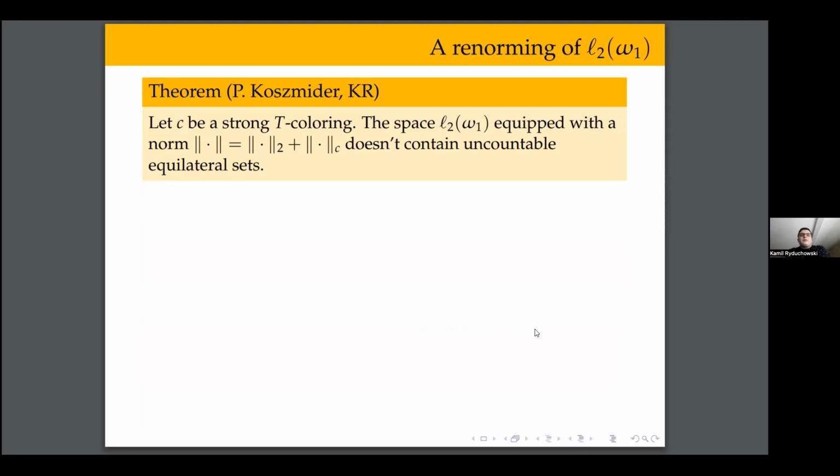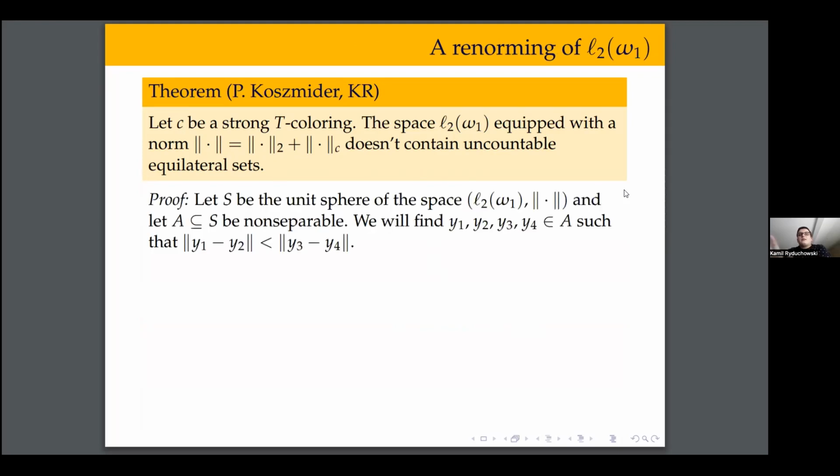Okay, so let's see a bit of a sketch of the proof that if we equip the Hilbert space L2(ω1) with the norm which is just the sum of the L2 norm and the C-norm, where C is a strong T-coloring, then such a space doesn't contain uncountable equilateral sets. As I mentioned at the very beginning, it is enough to prove that its unit sphere doesn't contain such a set.